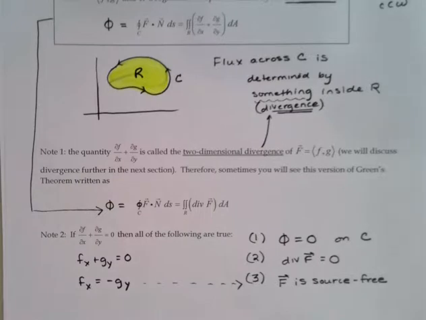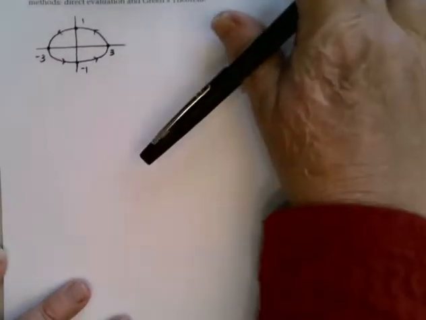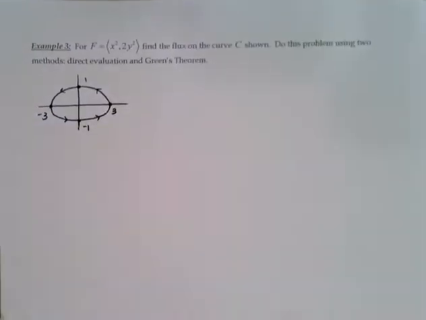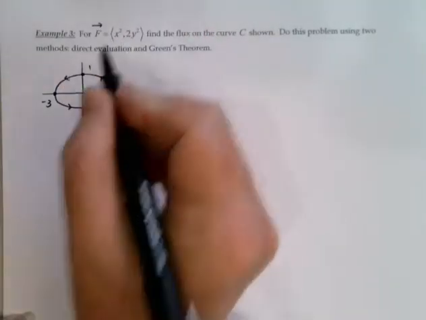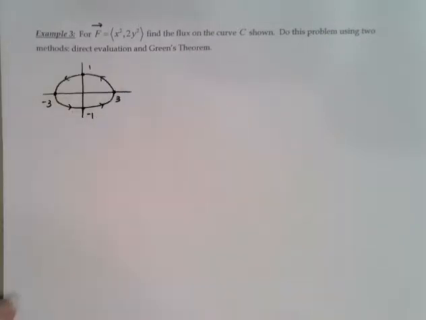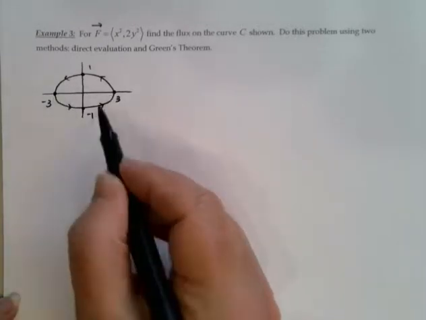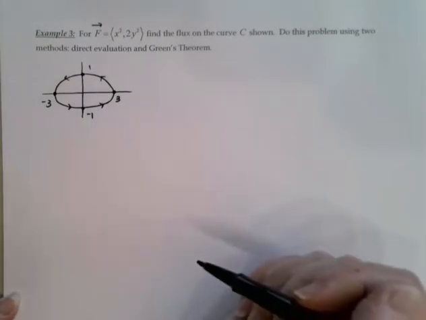All right, let's look at an example of calculating flux using Green's theorem. So in example 3, I've given us this vector field f, x squared comma 2y squared, and I'd like to find the flux on this curve, which again I know it's not shown in your notes, so if you can sketch that in, just an ellipse, negative 3 to 3 on the x-axis, and negative 1 to 1 on the y-axis.